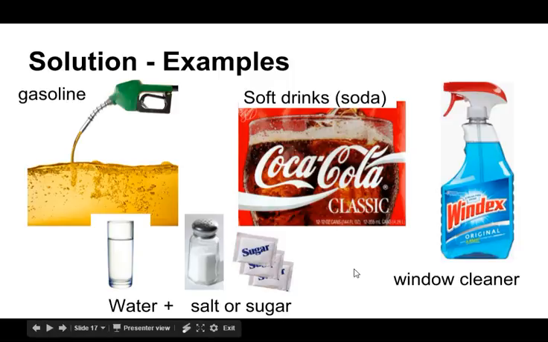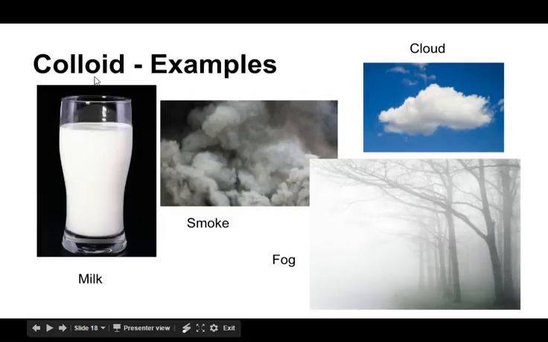Here are some examples of colloids. Milk is a colloid. Smoke is a colloid. Fog is a colloid. Clouds are colloids. Milk, smoke, fog, cloud. All of these are colloids.